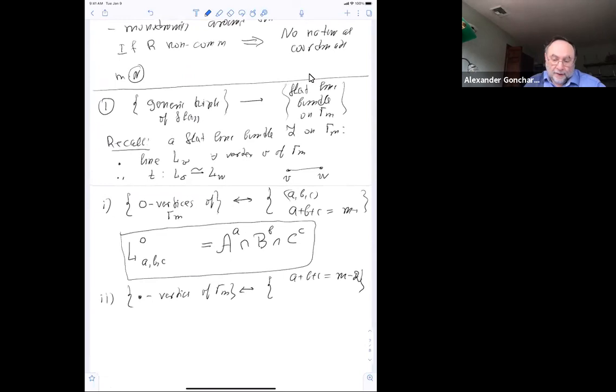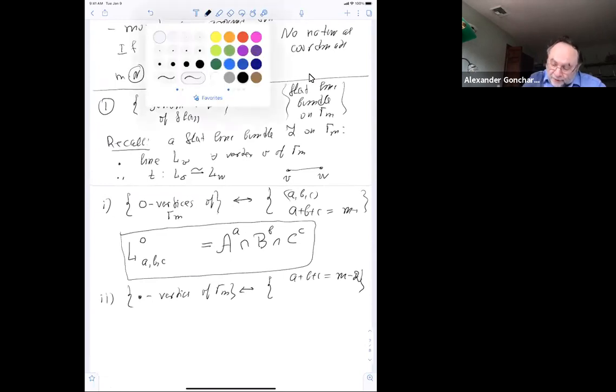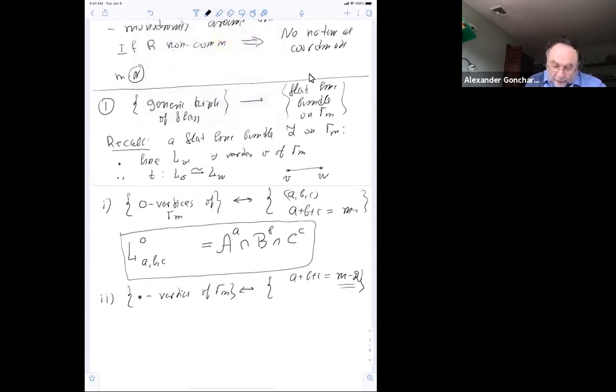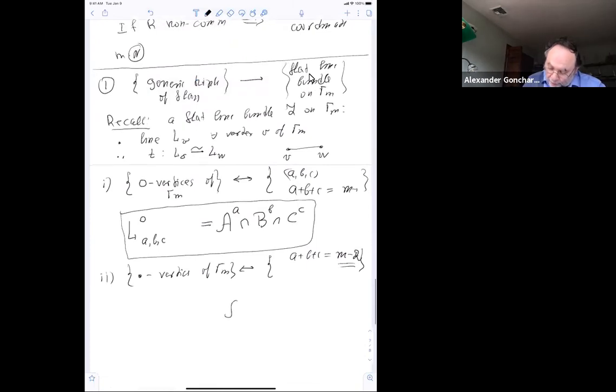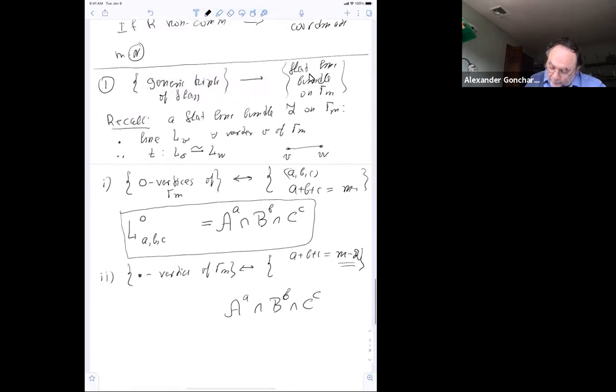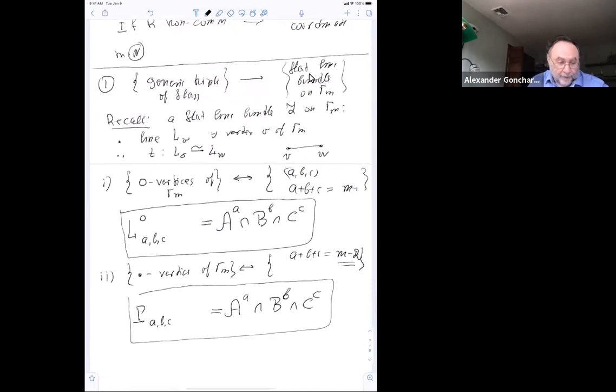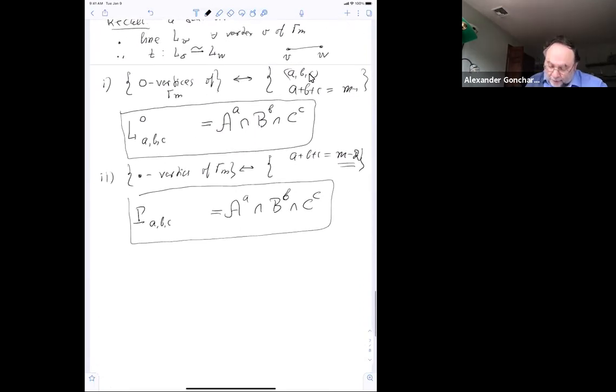Okay, now because the codimension, the sum, is M minus 2, it asks for a two-dimensional plane, which is defined in the same way. And so this is a plane, ABC. Now what happens if you have this black vertex?